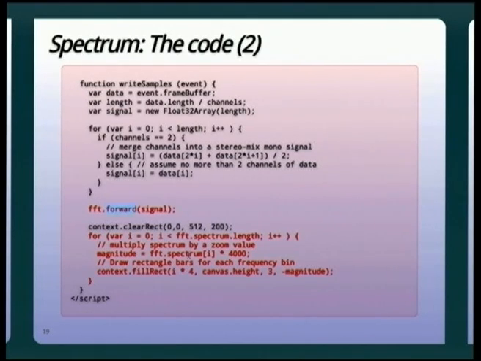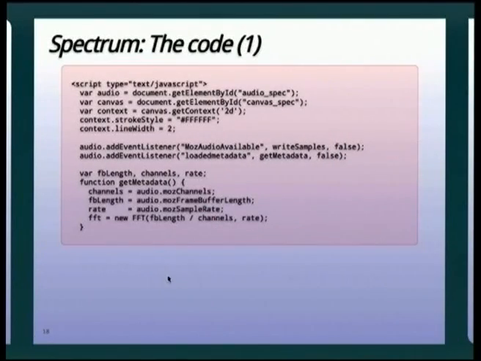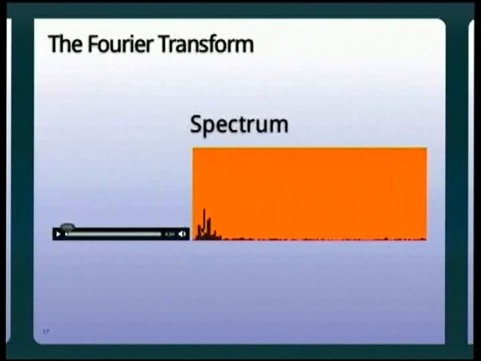And then we display the calculated spectrum from the Fourier transform. The first one is a zoom value, because otherwise the values might be very small. And then we're drawing rectangle bars. You might remember they're little rectangles here. That's a canvas, and the little things there, they're all rectangles.